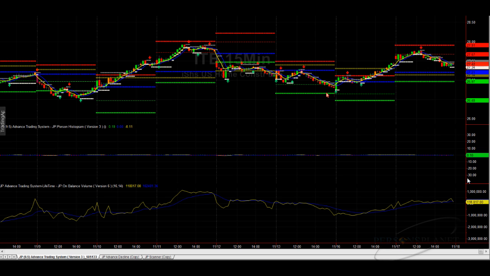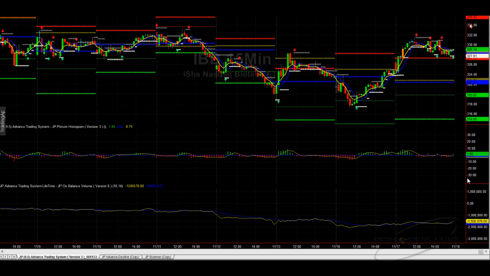It has actually done a really neat job in identifying, except for yesterday, which was the breakout, but today, a really neat job in identifying the targeted resistance levels. It did the same thing last week. It's done a pretty good job in identifying near where the supports are. That's just the ITB.